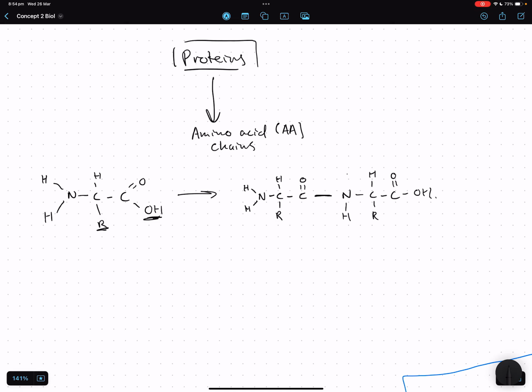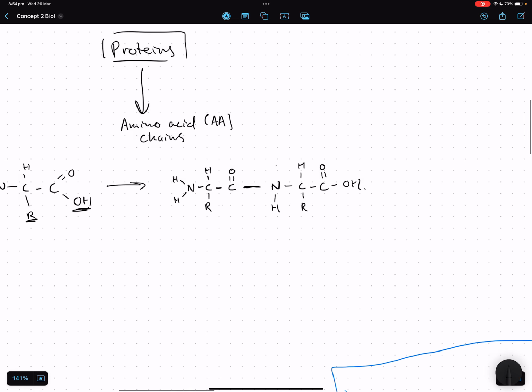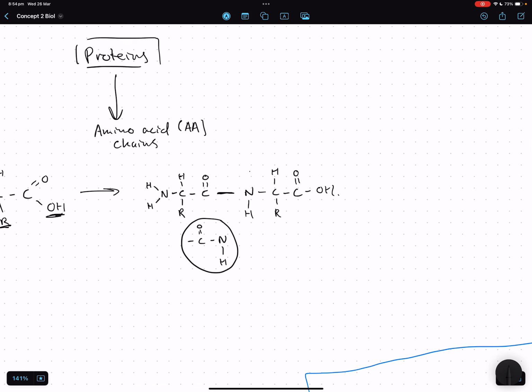So it looks like this. That's what it looks like. So the amide bond looks like this. My apologies, I just have to check these things sometimes. And H2O. So this is another condensation.